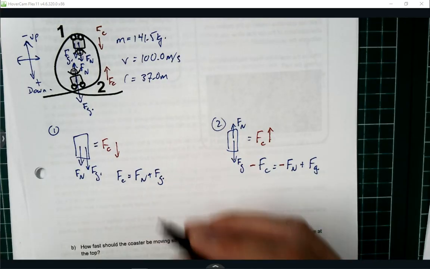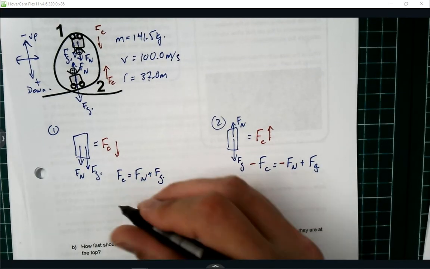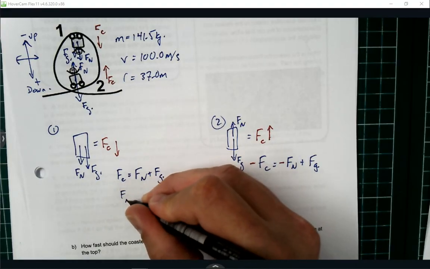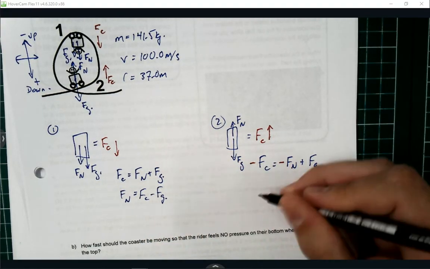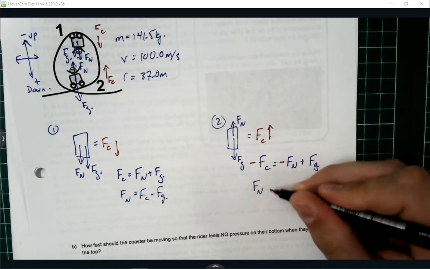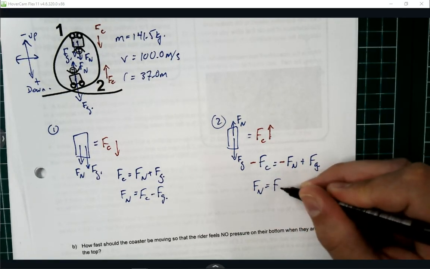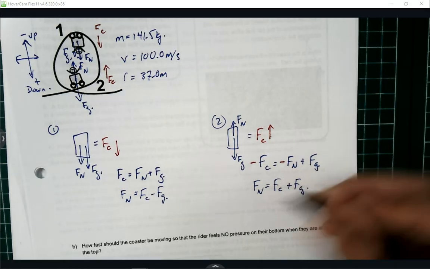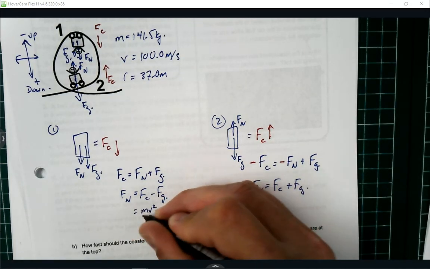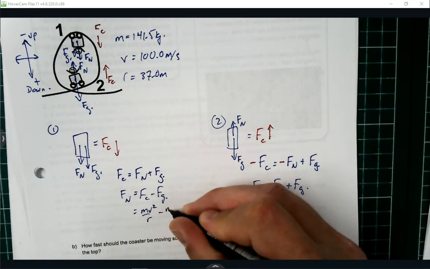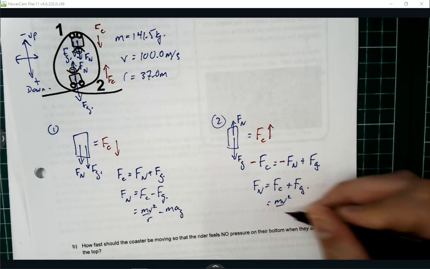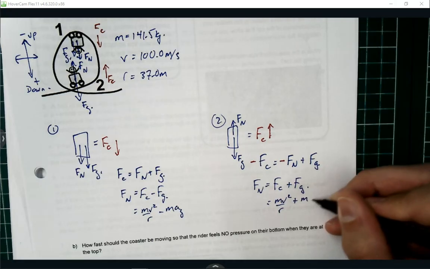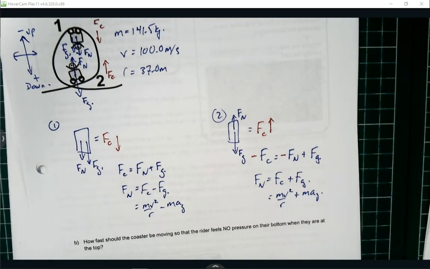And so when I go to isolate for my F normal, I would get F normal equals FC minus FG. For this guy, I would get F normal equals FC plus FG, mv squared over r minus mg, mv squared over r plus mg, and we can sub in our values.